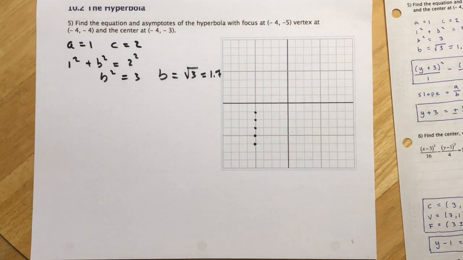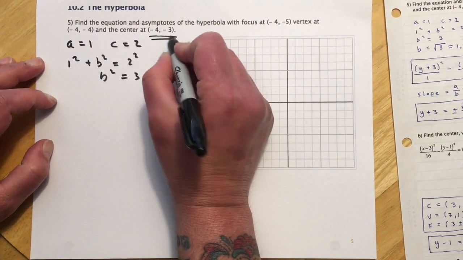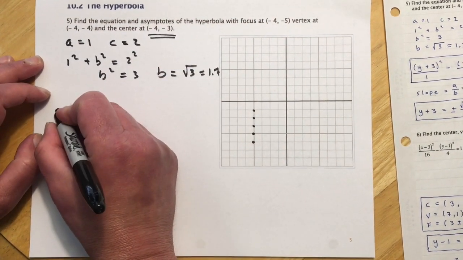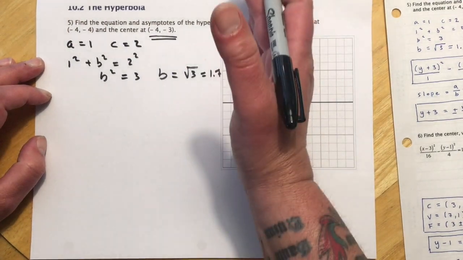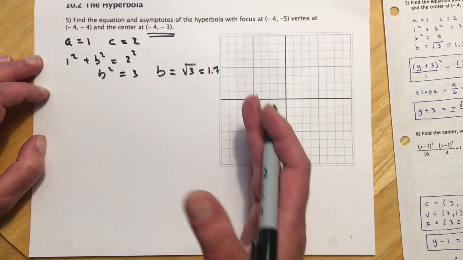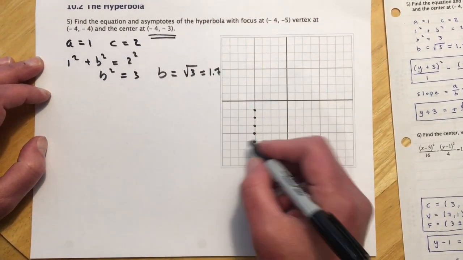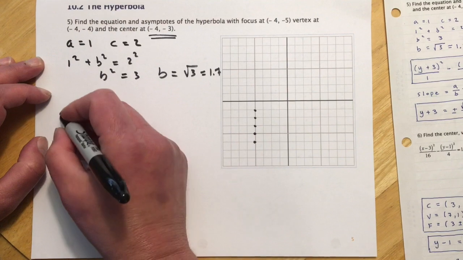And so then our equation we can get, so our center is right there. So that's going to be, let's see, this thing is transverse y, so that means we're going to have leading y. So it's running parallel to the y-axis, and it's going to open this way.